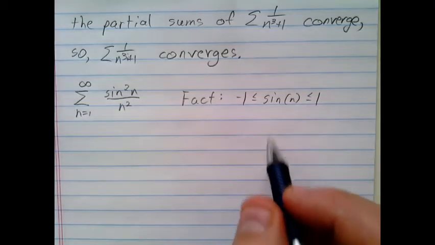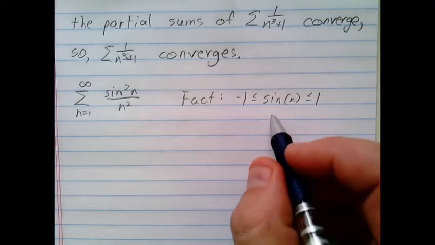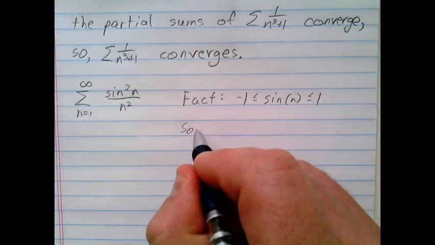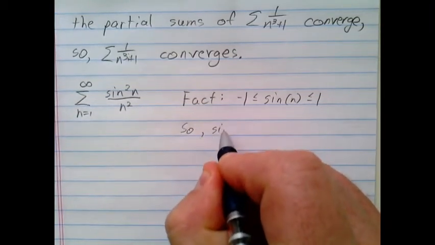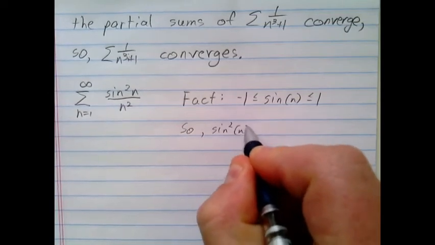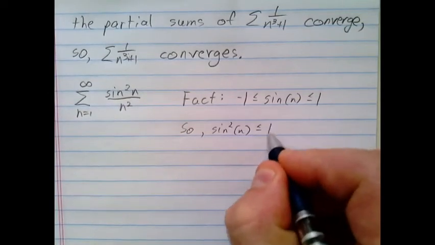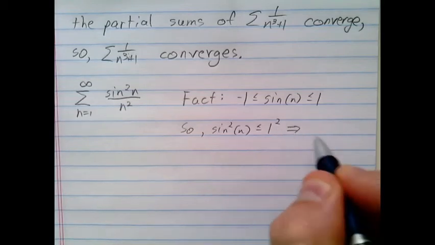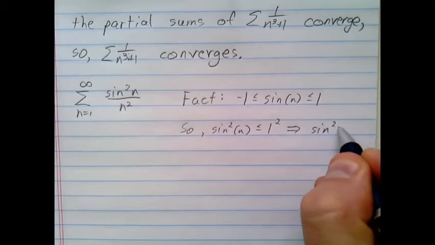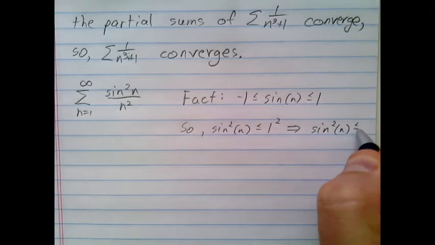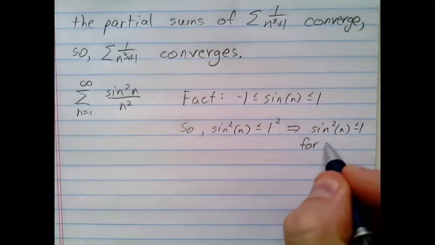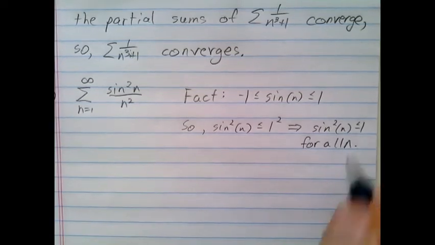That means that sine squared n would have to be less than or equal to 1 squared, which implies that sine squared n is less than or equal to 1 for all n.